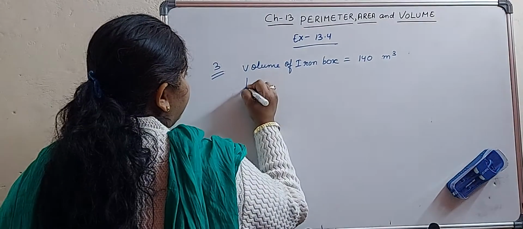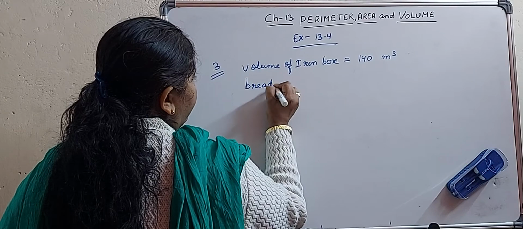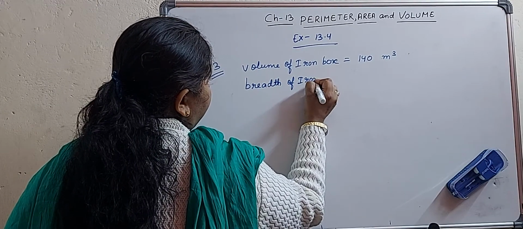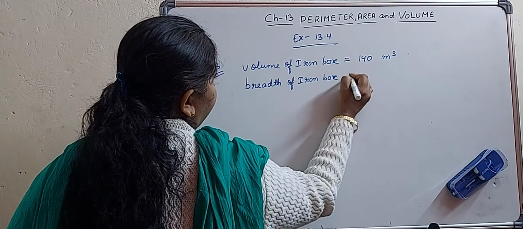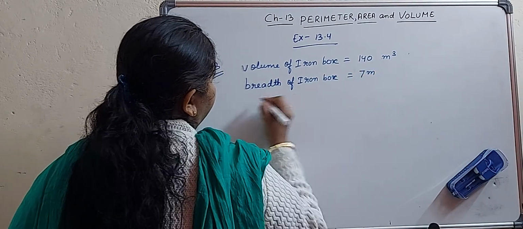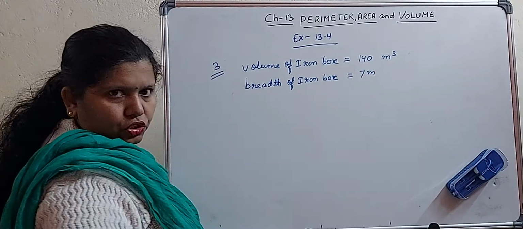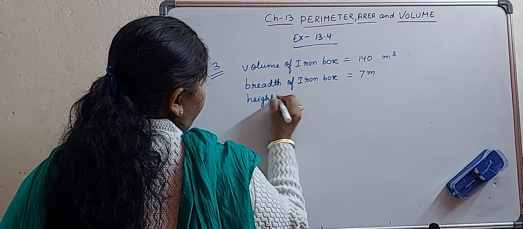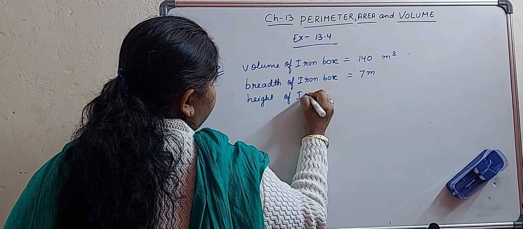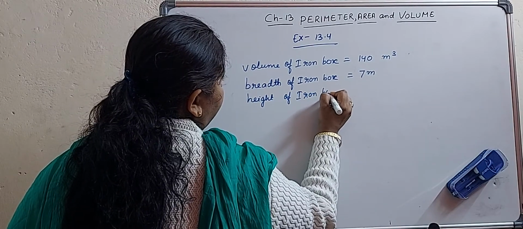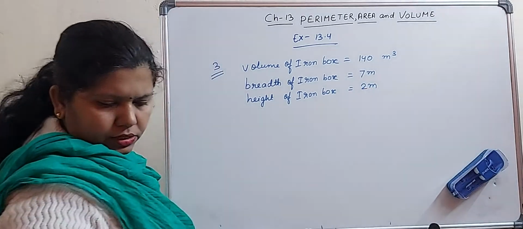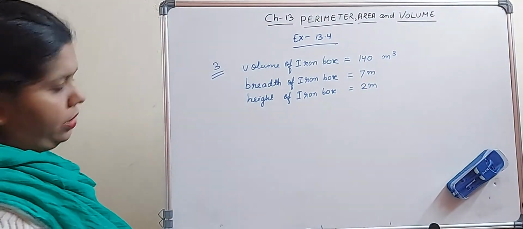So you write breadth of iron box equal to 7 meter. Then height of the iron box equal to 2 meter. It is given in your question.